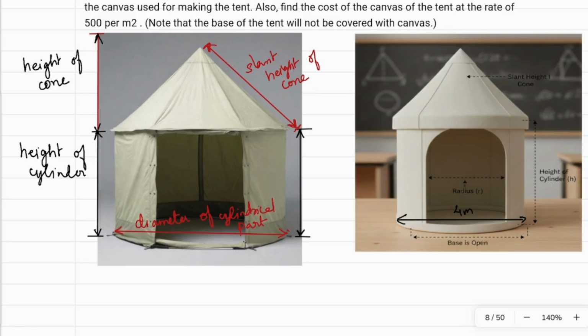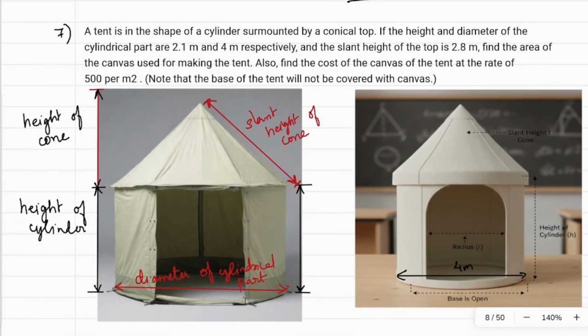Okay, so here what all things are given? First they have given the shape. Base is a cylindrical part. Above the cylinder a cone is kept, and thus we have made a tent here. They are telling the height and the diameter of the cylindrical part. Height of the cylinder is 2.1 meter.